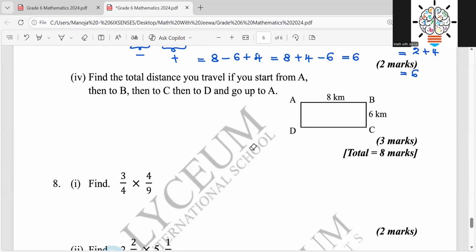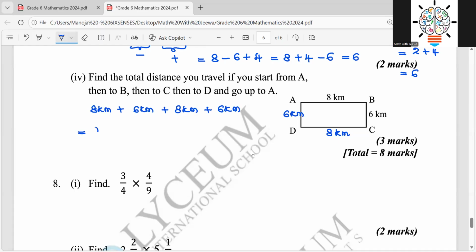Perimeter. In other words, they ask us to write the perimeter. Now, this is 8 kilometers. This is 6 kilometers. So then how you are going to write? You just add 8 kilometers and then 6 kilometers, again 8 kilometers and 6 kilometers.